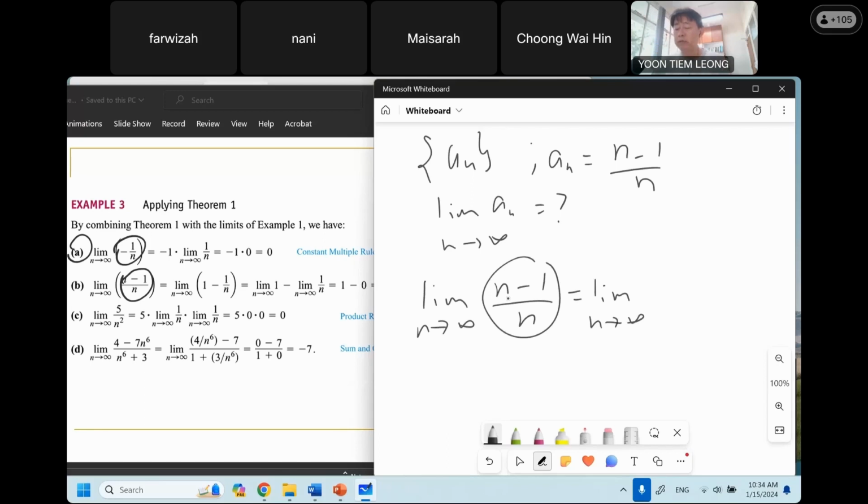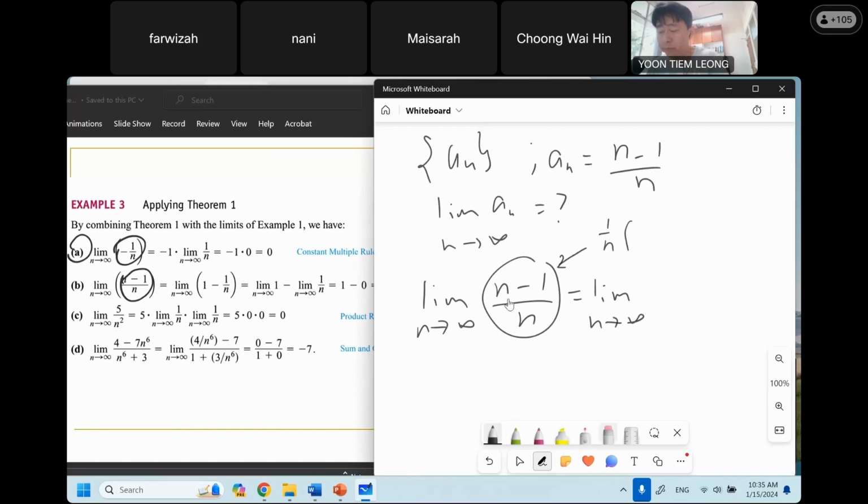What you do is try to express n minus 1 over n in terms of 1 over n as much as possible.